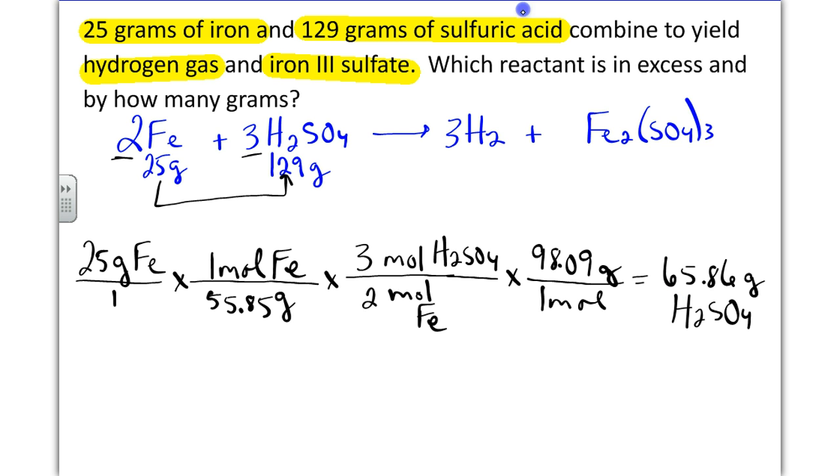Now what you should understand about this is the amount of sulfuric acid that we need in order to use up all 25 grams of iron that's given. The amount of sulfuric acid that we have given to us is 129 grams.